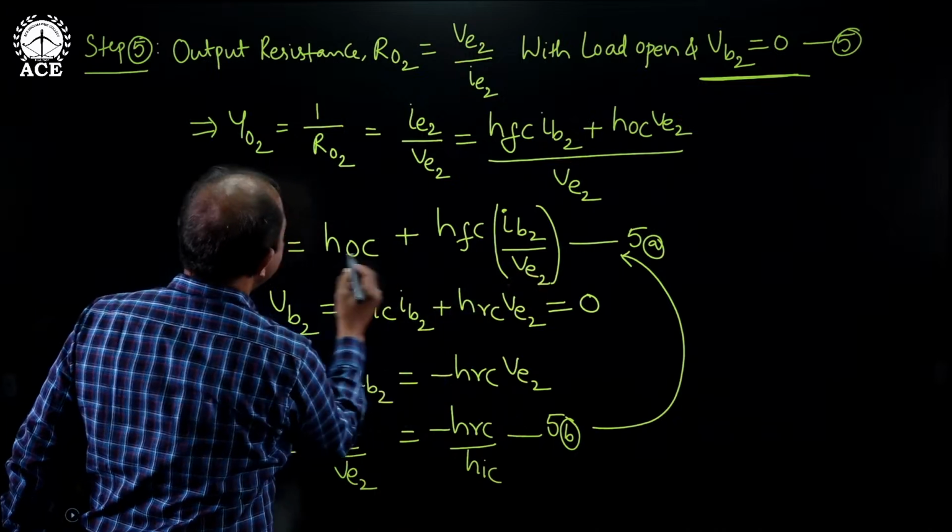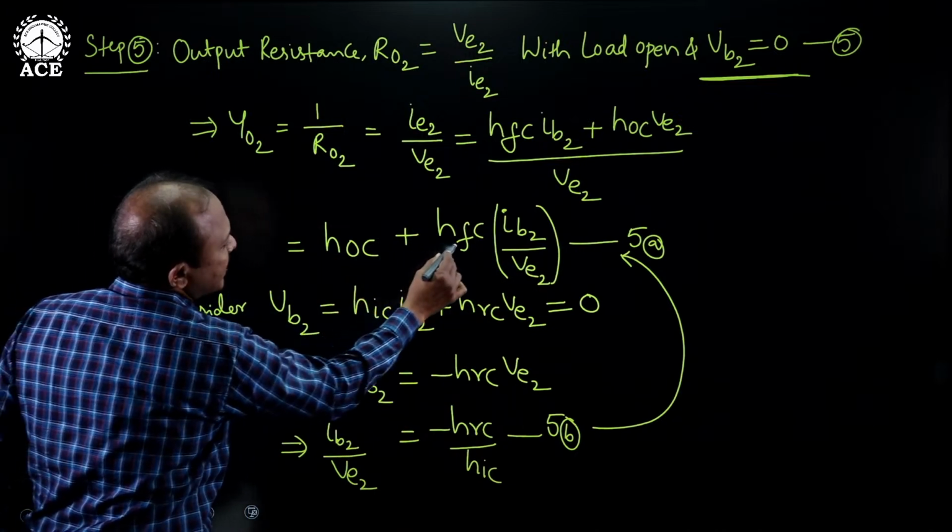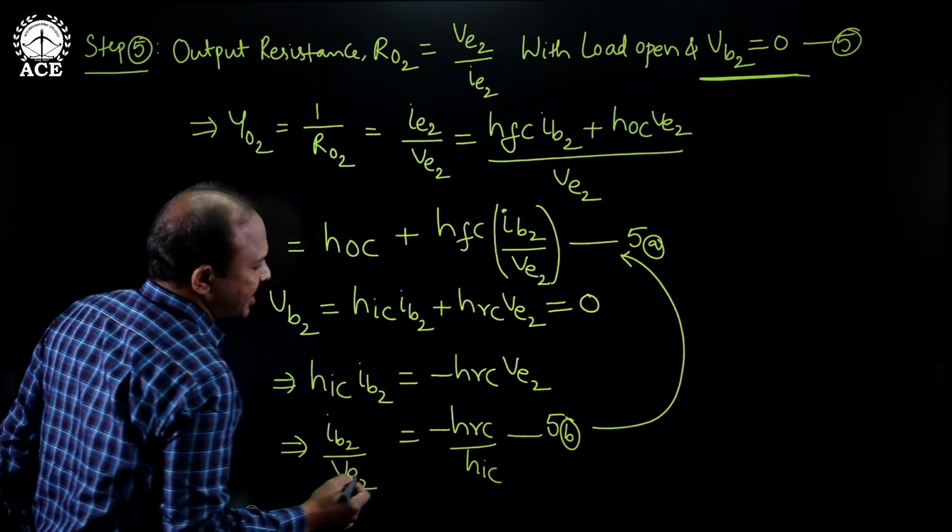Equation 5a is Y02 equal to HOC plus HFC into IB2 by VE2.